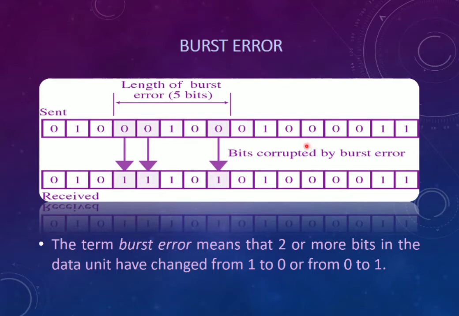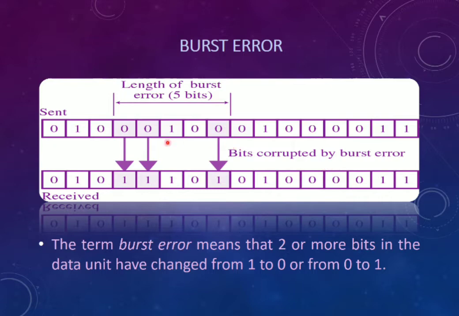In this case, we sent this 16 bits and received this 16 bits. A burst error is more likely to occur than a single bit error. Here we sent a burst error of length 5 bits, so 0 to 1, 0 to 1, 0 to 1 because of corruption by the burst error.